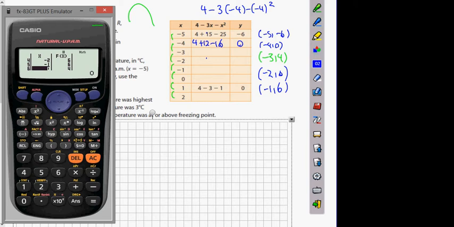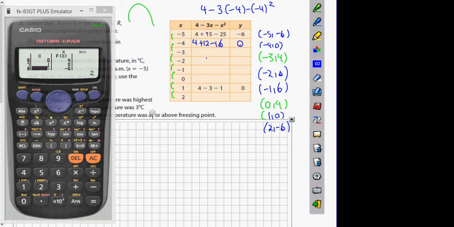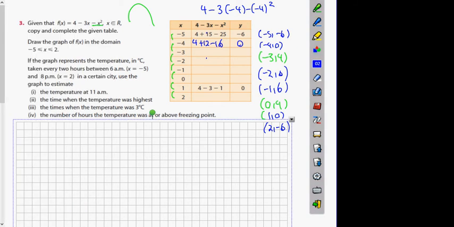And then after that? 0, 4. And then after that? 1, 0. And 2, minus 6. Does anybody see a pattern in the y values?